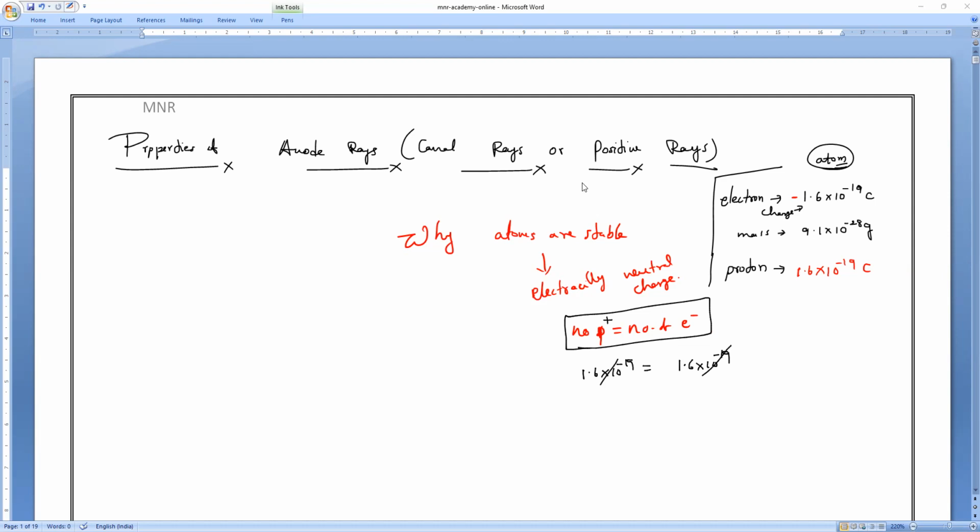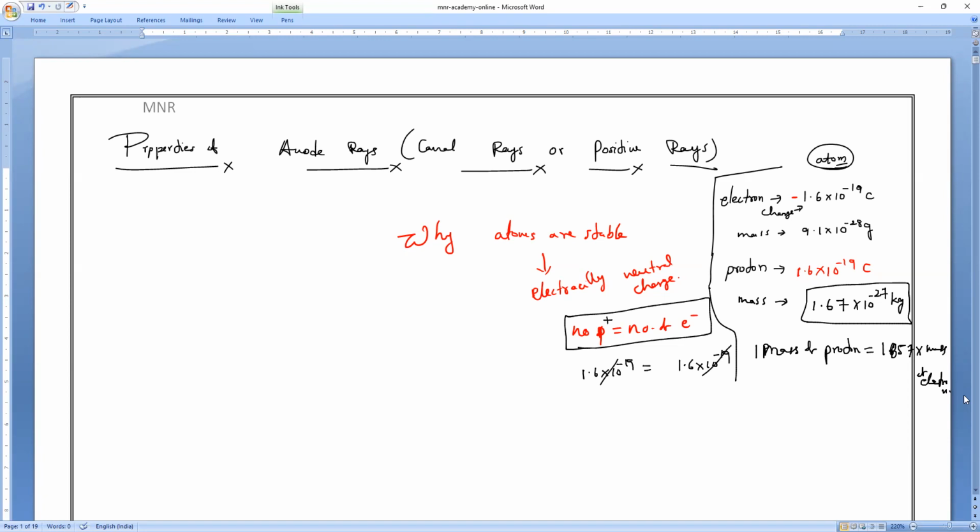And what is the mass of proton? The mass of proton is 1.67 into 10 power minus 27 kg. So how many times bigger than the electron is it? The mass of one proton is approximately 1857 times the mass of electron. That is the reason we neglect the mass of electron.